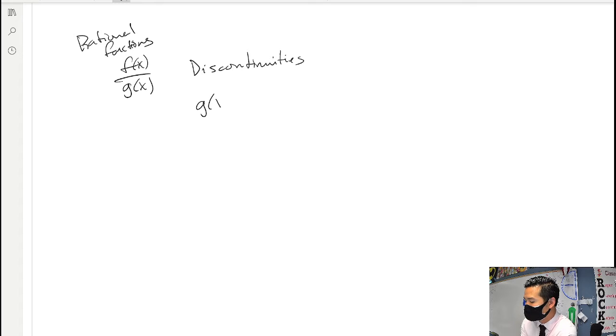So g of x cannot equal 0, right? So I would just try to find out when this bottom part equals 0, and that would be where my discontinuities occur.